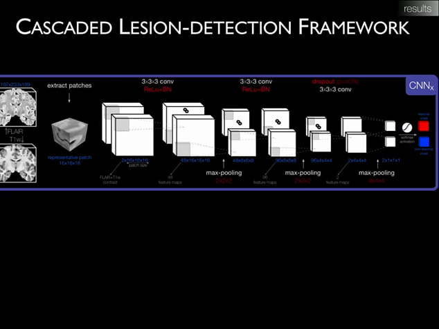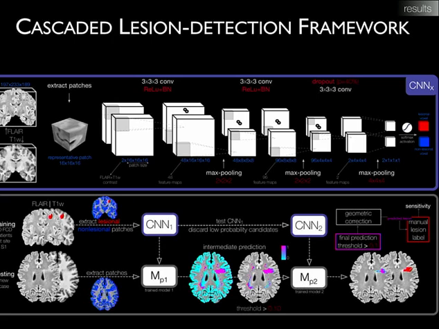So for each voxel, we center a 3D patch of size 16 by 16 by 16, and then we pass it through the neural network that has 3 convolutional layers followed by max pooling. And then we have the softmax activation. And so we use this architecture, 2 of these in tandem, to train our network.